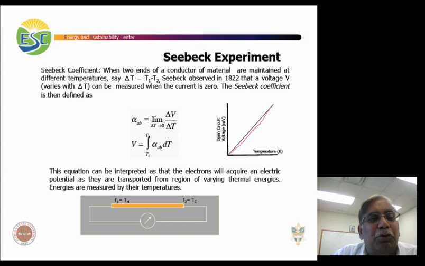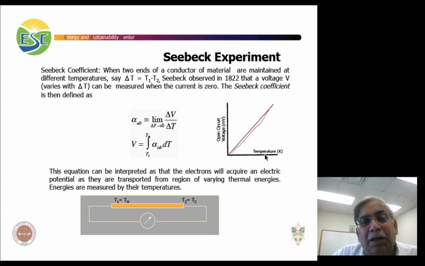And the proportionality he defined as the Seebeck coefficient, given by alpha of the material, which is equal to dV/dT, and the voltage is given by the integral of that coefficient multiplied by dT.